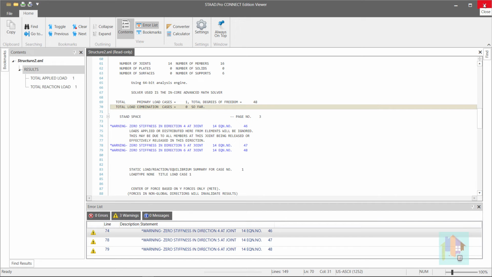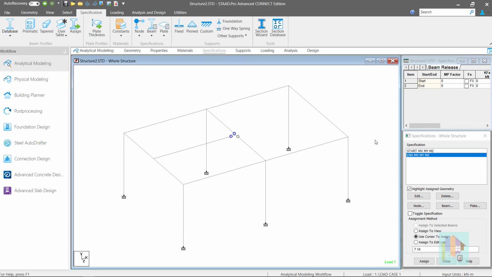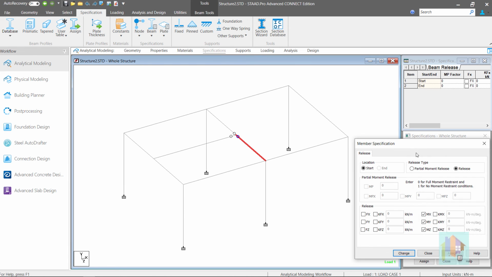All rotational directions, which means at node 14 there is no stiffness to resist the rotation about any axis. To find the reason, we need to check the details of this release specification. A full moment release is assigned about the x, y and z axes. Mx, My and Mz moments are released, and this specification is assigned to all the members connected at node 14 and at the common member end.